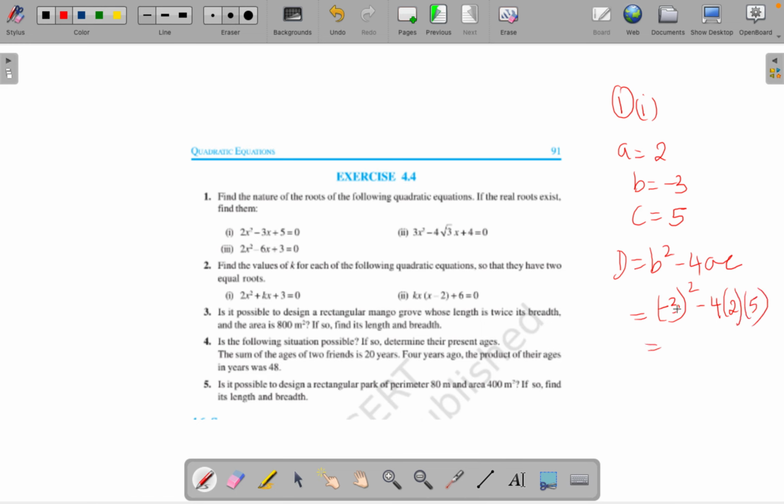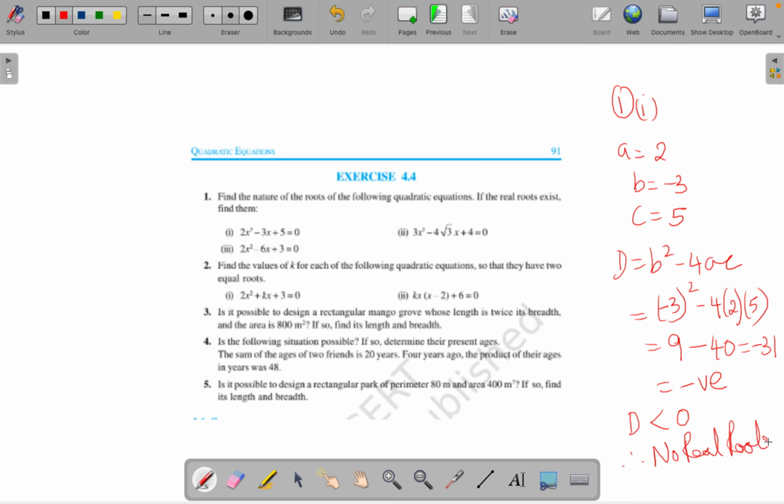So let's calculate. This is 3 square, 9, minus 4 2s are 8, 8 5s are 40. So this is going to give us a negative answer, minus 31. So D is less than 0, children. Therefore no real roots.